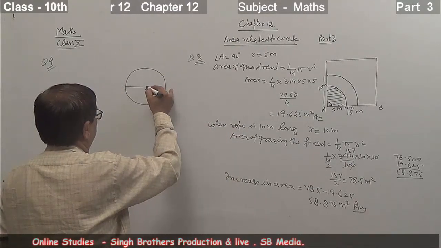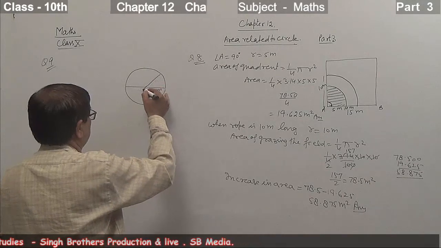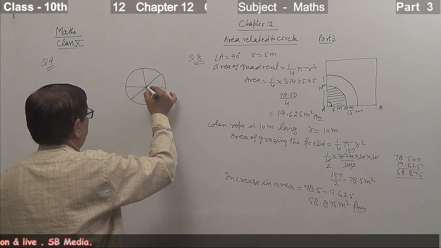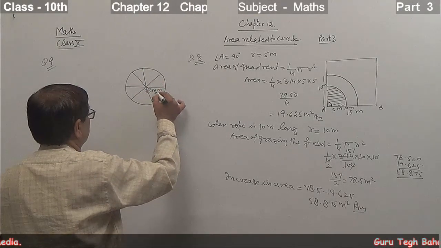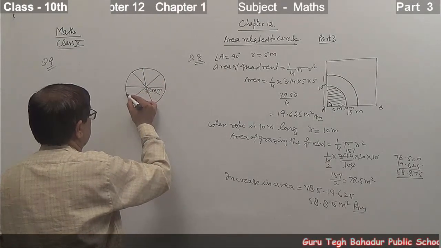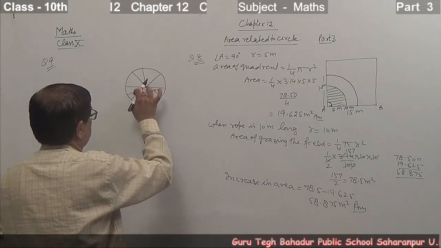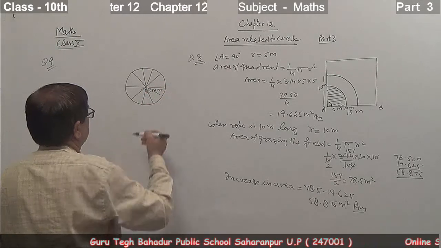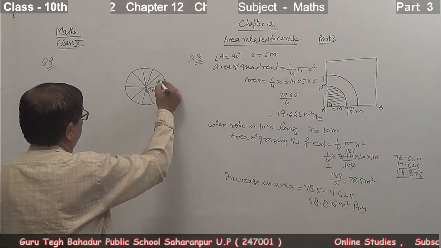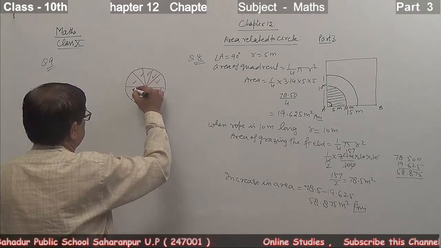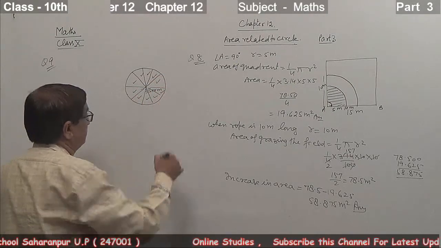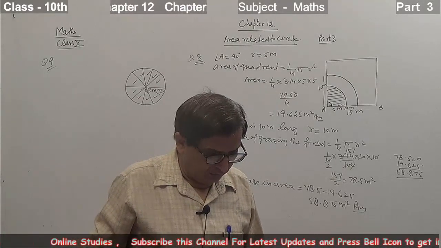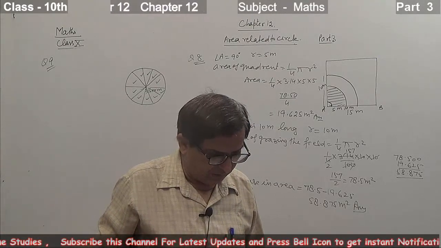These are the 5 diameters. So it forms 10 parts. Find the total length of silver wire required.